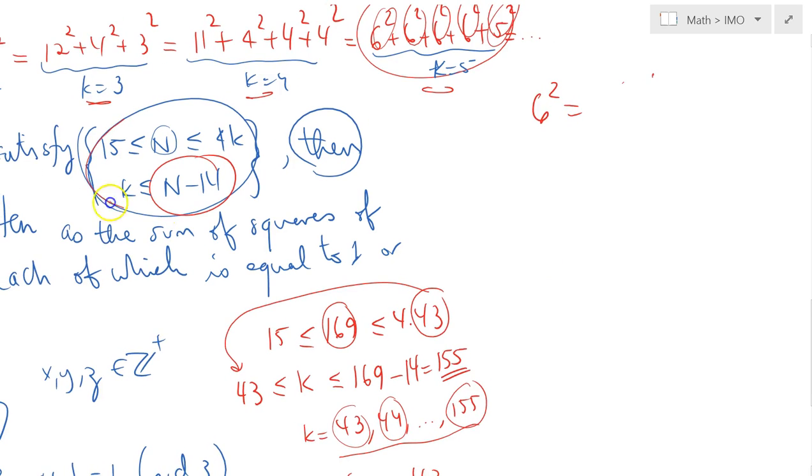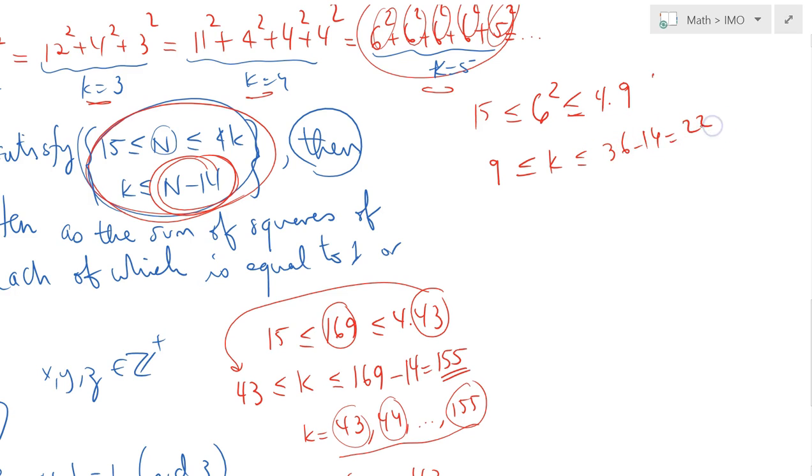If I apply this claim again for the case of 36, I realize that 36 is between 15 and, so this is 4 times 9. So the least value that k should be is at least 9. And then according to the second inequality, it is 36 minus 14, 22. So therefore, it's possible to represent 36 as a sum of squares for any k between 9 and 22.